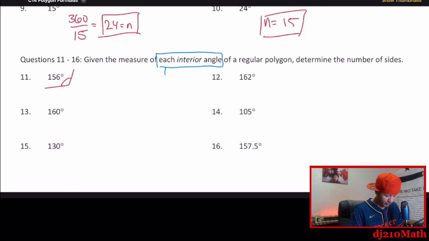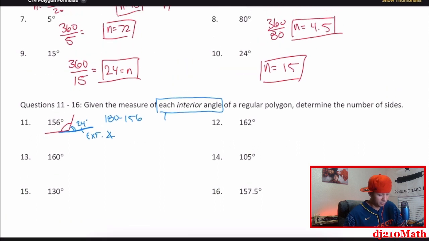If we were to extend this side out, we now create an exterior angle. It's going to be 180 minus whatever number they give you. So in this case, 180 minus 156 is going to be 24. So the exterior angle is 24 degrees.